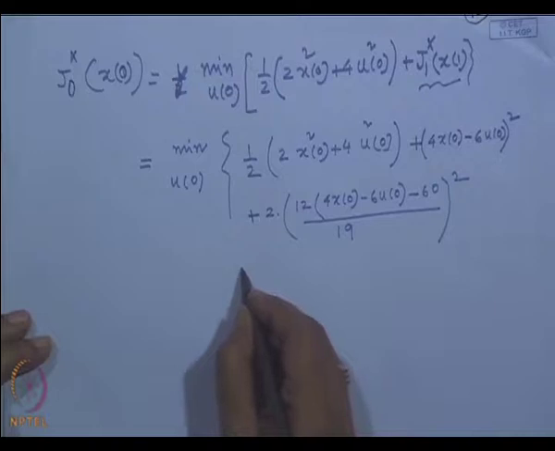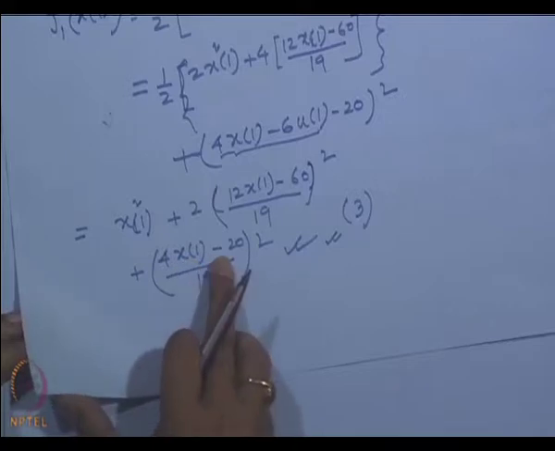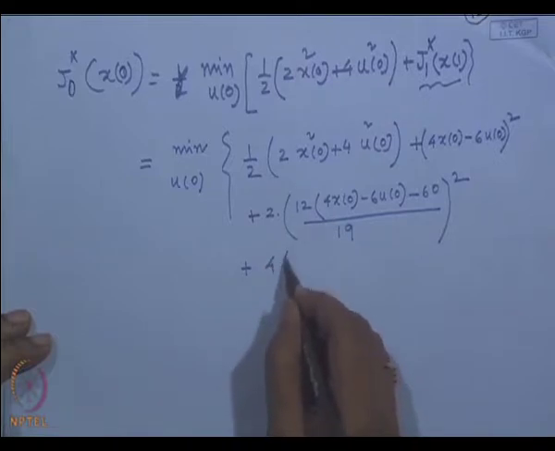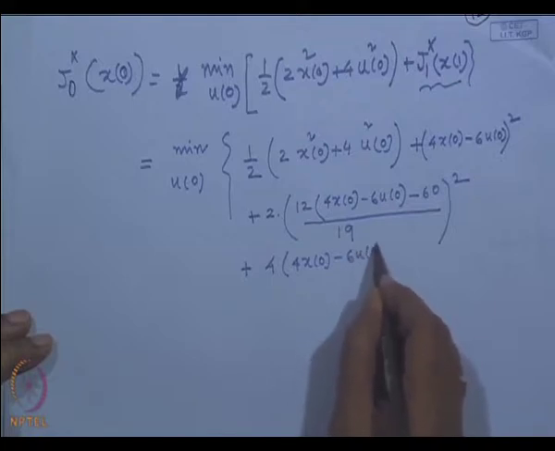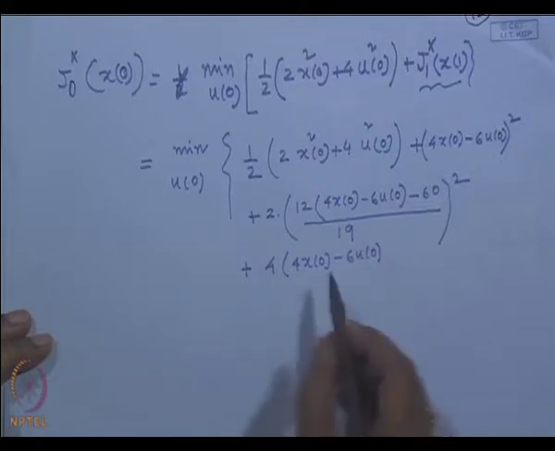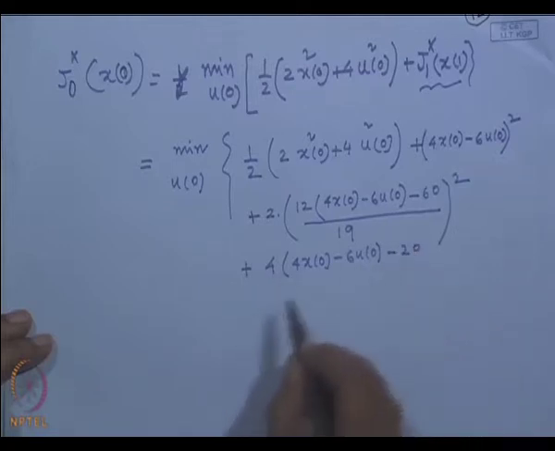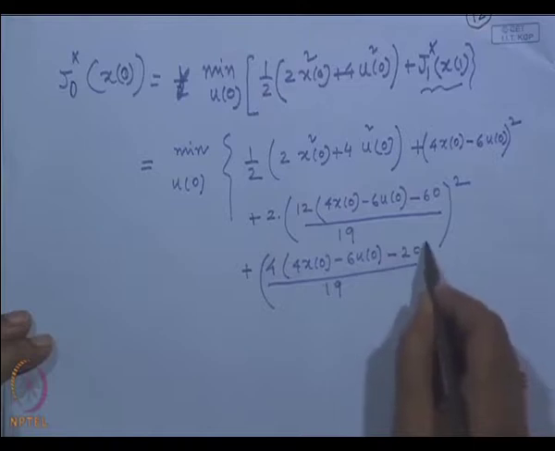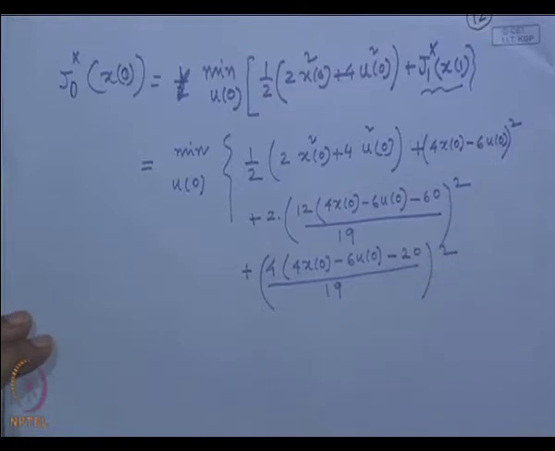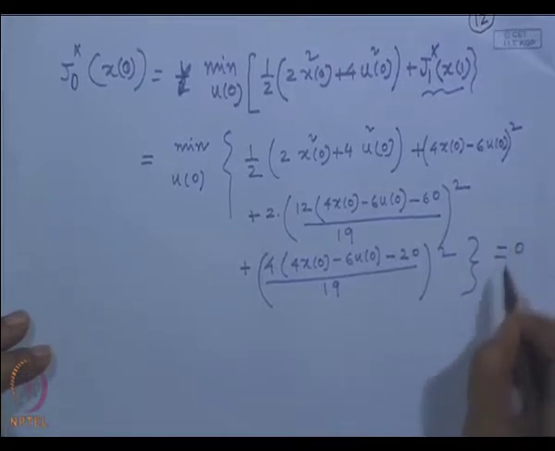The next term is like this way: 4, if you see this, 4 x 1 minus 20 divided by 19 whole square, where 4 x 1 is here 4 x 0 minus 6 u 0, divided by this 4 minus 20 divided by 19 whole square. Agree? So, this and that equal to 0.